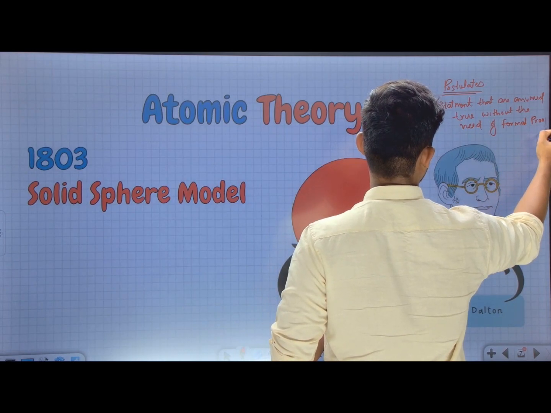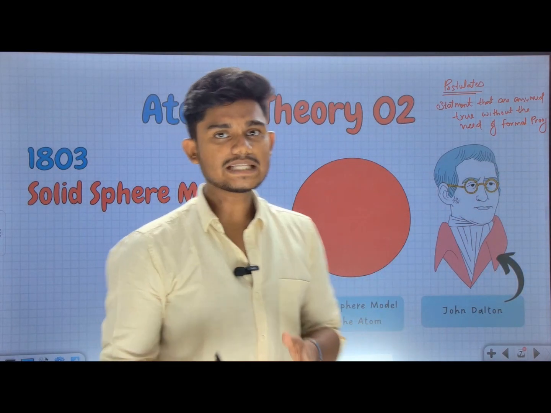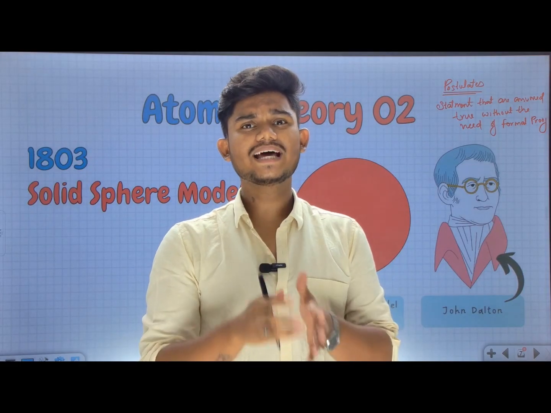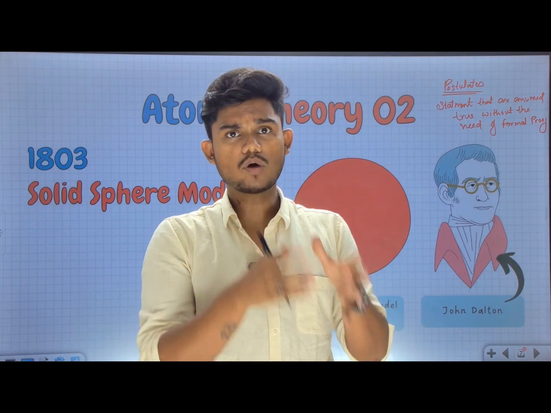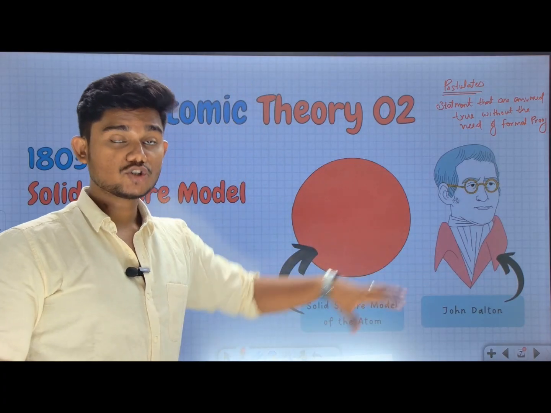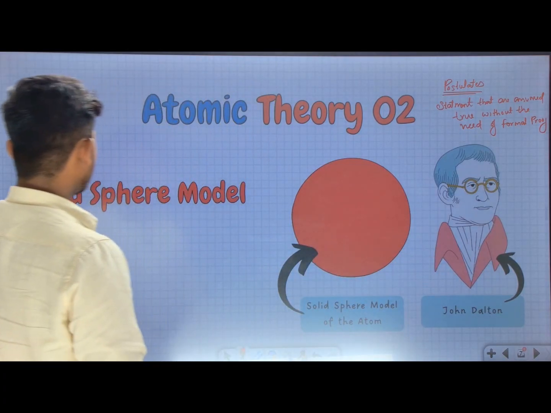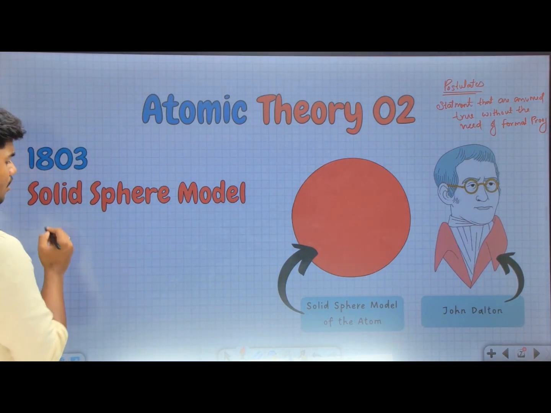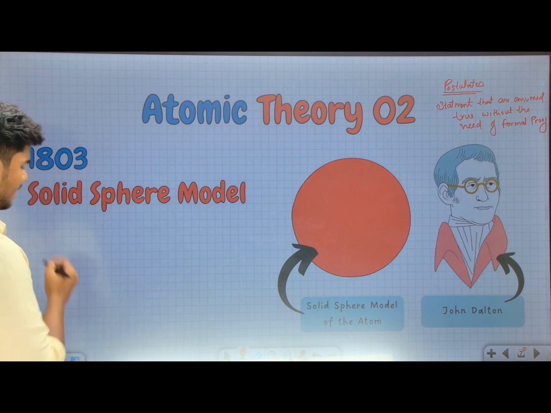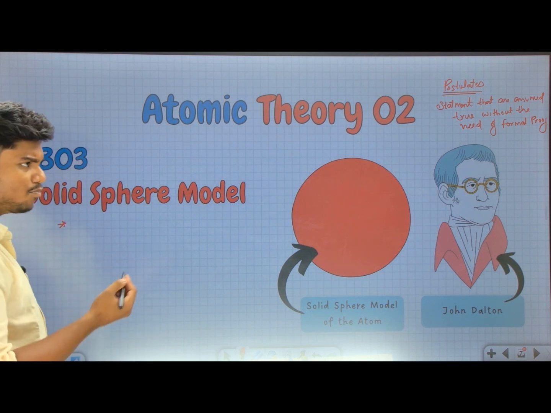So postulates are those statements which need not have any formal proof, but they are assumed to be truth. And according to Sir John Dalton, he came out with his postulates based on his observation. Rather than discussing all his postulates in detail, let's see some of the most important postulates.